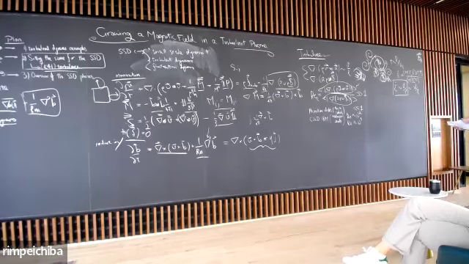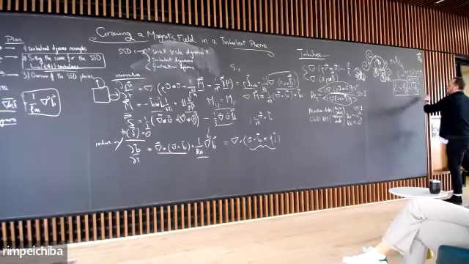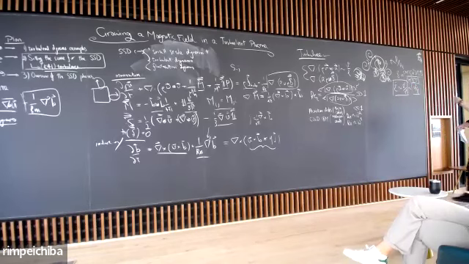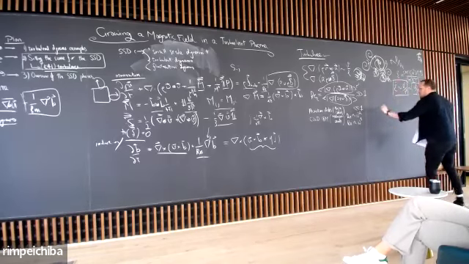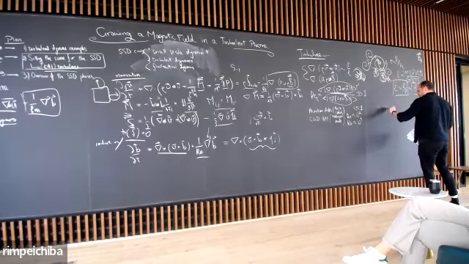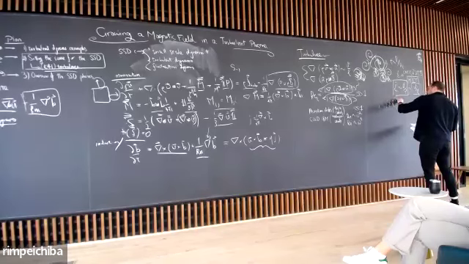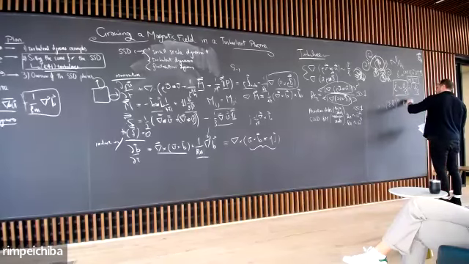We already have a relationship between our velocity and our length scale from the assumption of constant energy flux between neighboring scales. And of course, this is just U. Okay. This is from our scaling.